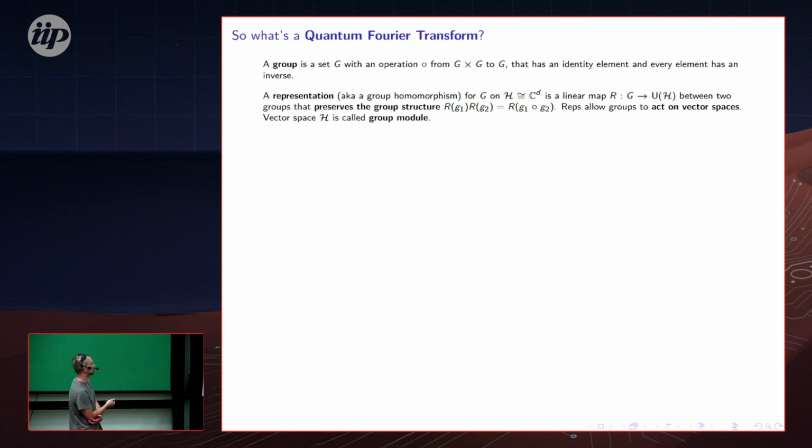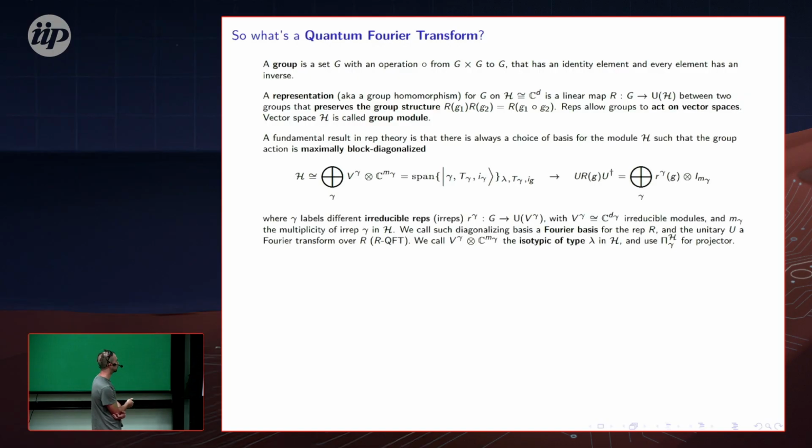Then everything is in the kernel. But in any case, it satisfies the composition of elements. This allows groups to act on vector spaces, and we're going to call those vector spaces, in general d-dimensional complex vector spaces, group modules.